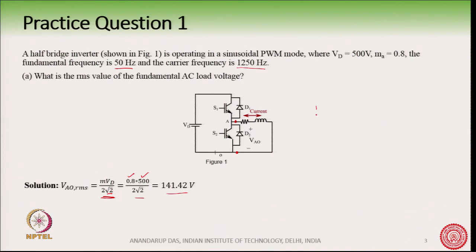The instantaneous VAO voltage will be, as we have also covered in the theory, a sinusoidally pulse width modulated waveform, with a DC component of Vd by 2, which is equal to 250 volt, and the AC component, the peak of this AC component is 141.4 into root 2.